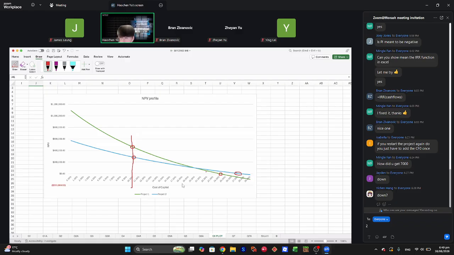And where is the key point here? It is this point here. You can find out that for any cost of capital between 0 and this point, project 1 always has a higher NPV compared to project 2.